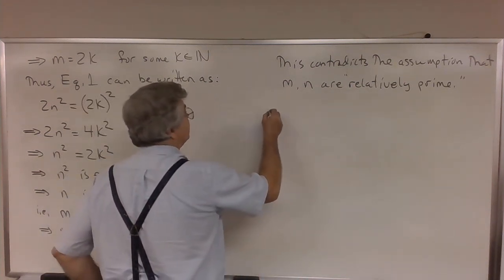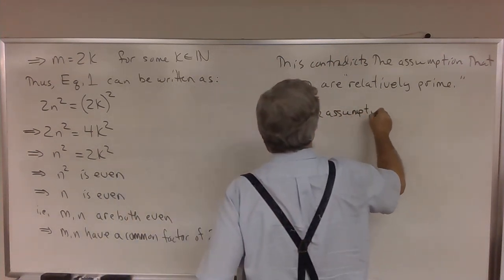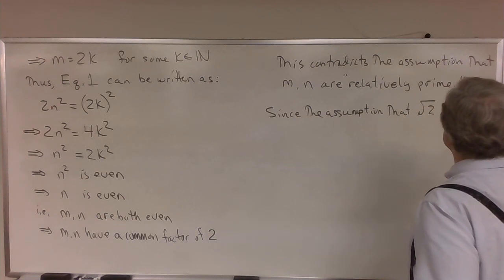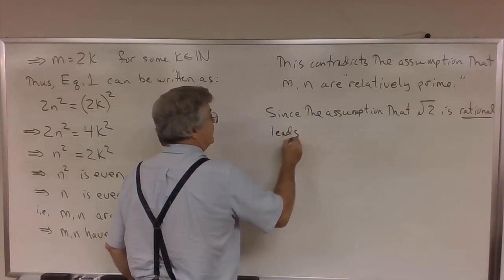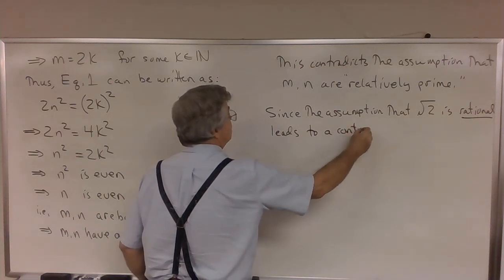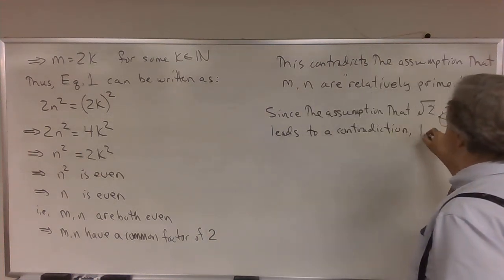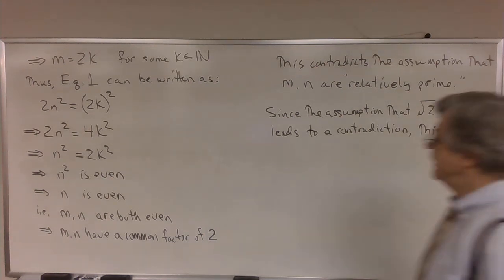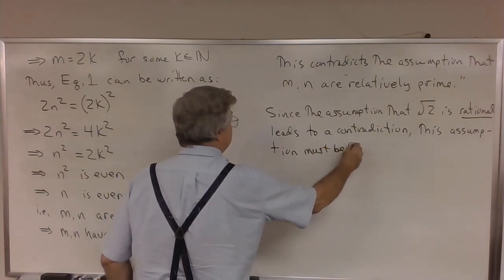So, since the assumption that the square root of 2 is rational leads to a contradiction, this assumption must be false.